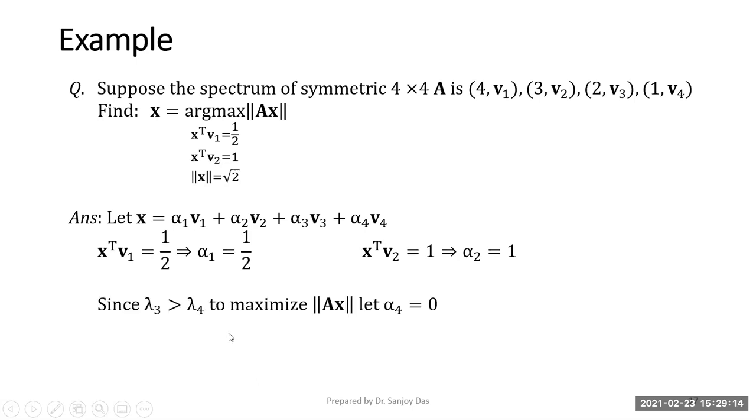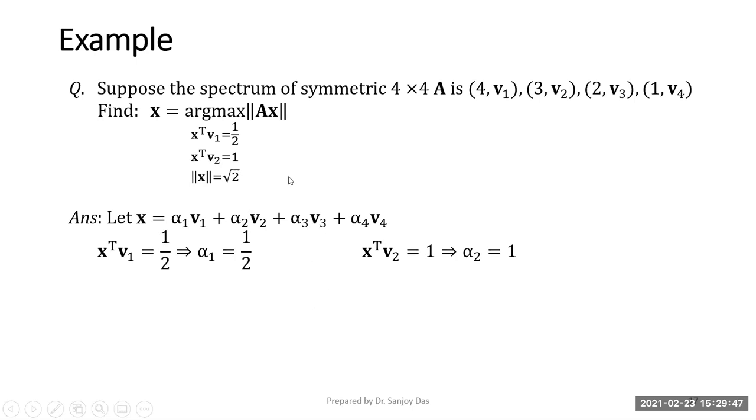Therefore, alpha 1 square plus alpha 2 square plus alpha 3 square plus alpha 4 square should be equal to 2, right? The squares of all the alphas summed will give us 2, because the square root gives us the length of X, which is square root of 2. So we have alpha 1 and alpha 2. We can only adjust alpha 3 and alpha 4.